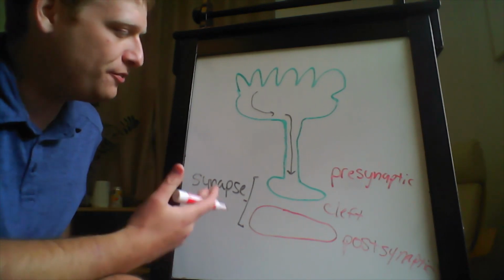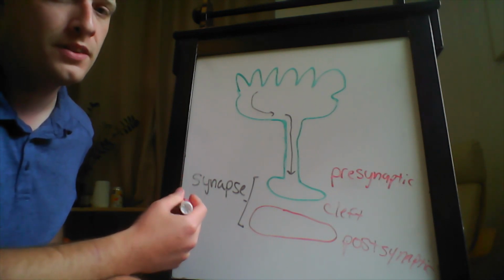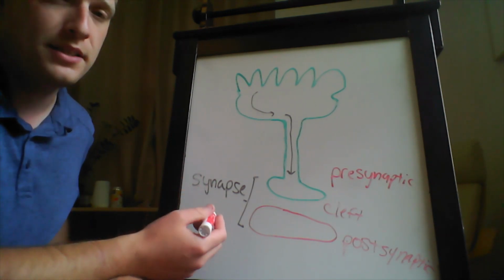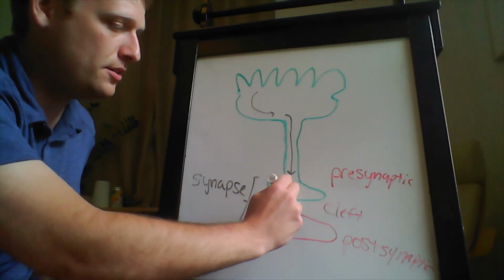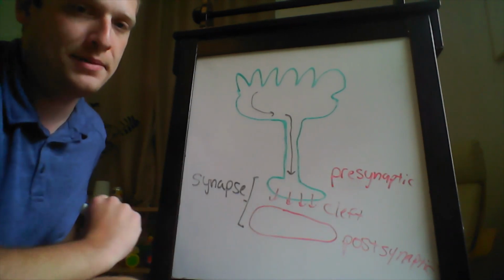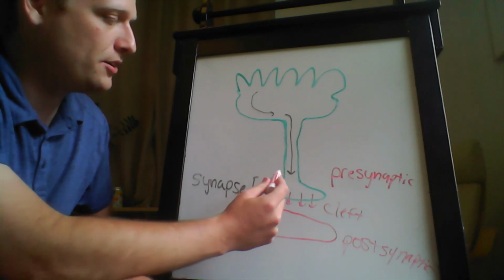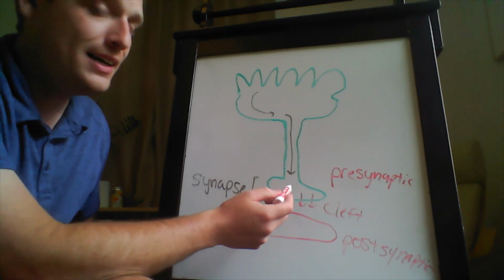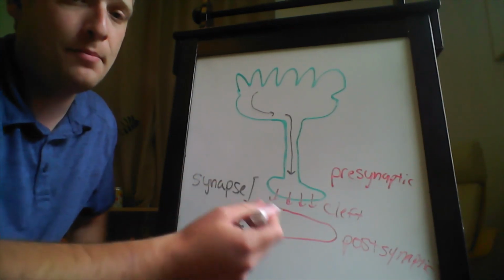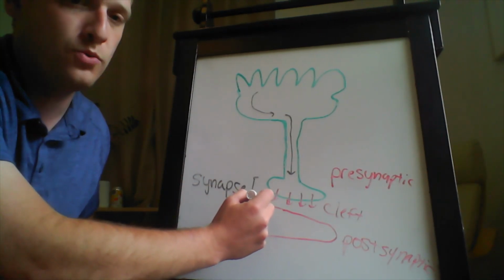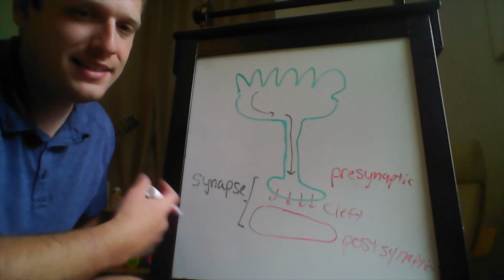But there's a couple of different types of synapse. One that I just mentioned is a chemical synapse. A chemical synapse includes the release of chemicals, neurotransmitters, from the presynaptic neuron. So when an action potential fires in the presynaptic neuron, that causes the release of neurotransmitters. And that's the basis of a chemical synapse. Those neurotransmitters will bind receptors on the postsynaptic cell and stimulate it somehow.